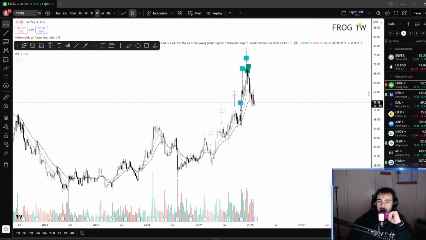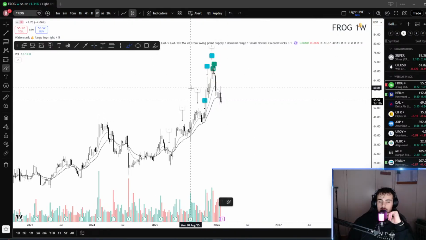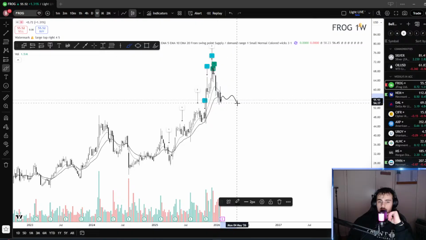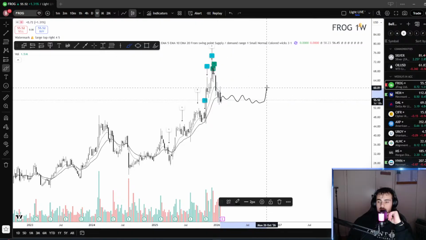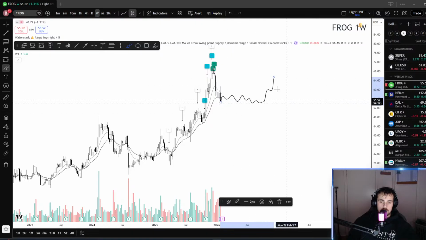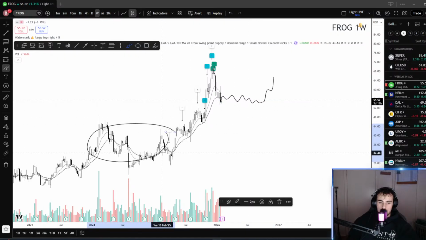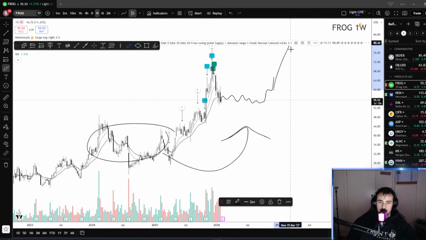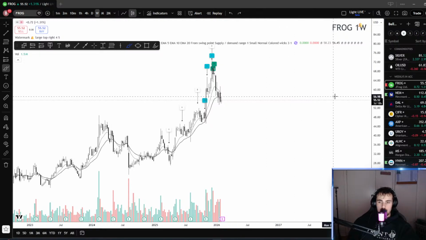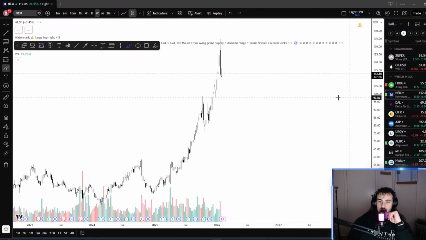I'm going to mark that red. Since this failed the MAs pretty heavily, it'll probably just chop around for a bit, and then maybe 50 weeks down the line, it'll start a new accumulation, sort of what it did over here to continue up. So that's the reason I would take Frog off my list.